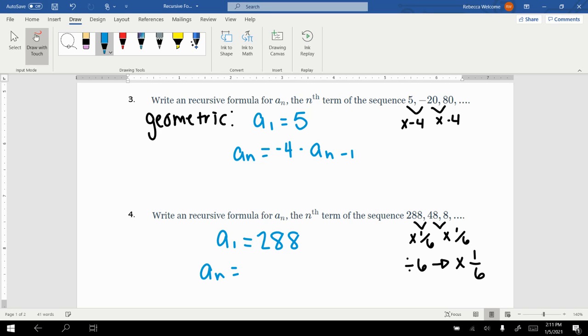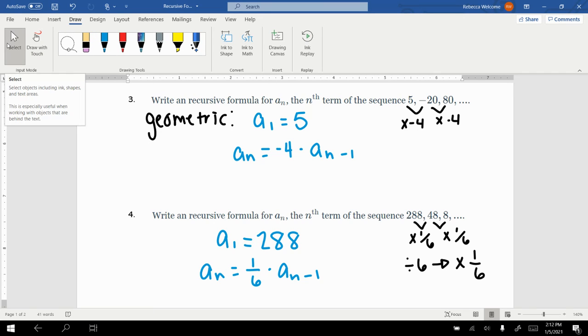The rest of your formula, a sub n equals your ratio 1/6 times a sub n minus 1. Okay, so a sub n minus 1 is just the previous term. So it's basically telling you to take 1/6 times the previous term. Okay, and that's what we're doing here. So 288 times 1/6 would give you 48. 48 times 1/6 would give you 8, and so on and so on. So just following that pattern.